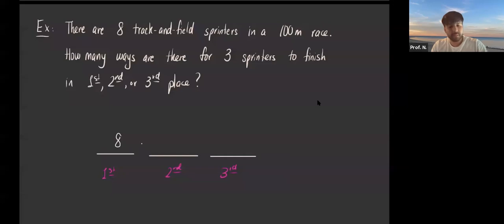Once that sprinter makes it to first place, then we only care about the next place, which would be second place. But once you have one person that finishes, you have 7 people left. So we have 8 times 7. And then once those first and second place sprinters are finished with the race, we only care about the third place, which has 6 left to choose from.